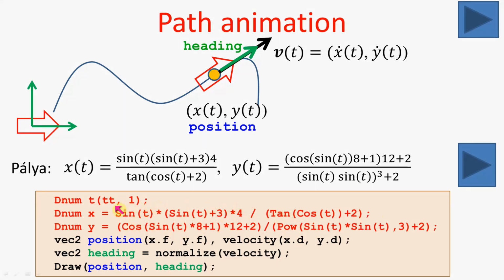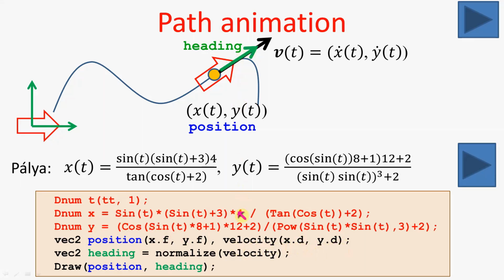So these complicated expressions are evaluated by our program, and thanks to operator overloading, when the computation is finished in variables x and y, we will have the value of these formulae, which are used to set up the position, and in members called D, we can fetch the derivatives of x and y with respect to t, and these derivatives are used to initialize the velocity.